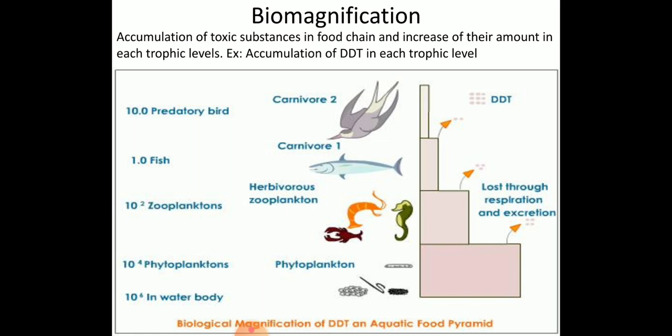The ecological niche is the position occupied by an organism in a particular ecosystem; that is called the niche of that particular population.